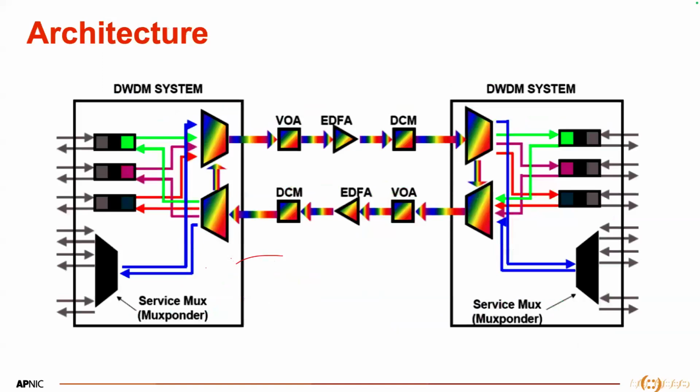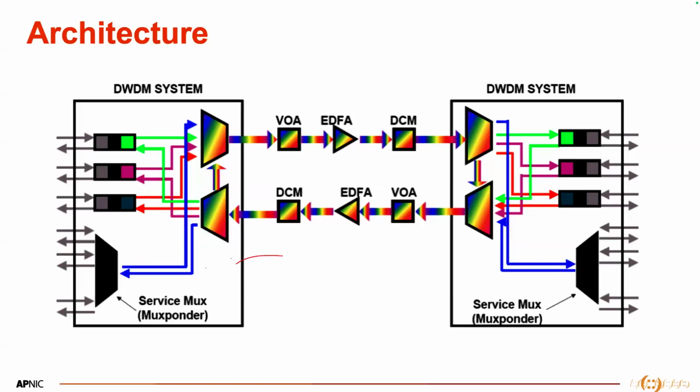As you can see, all these signals are being multiplexed and transmitted in the fiber, right? And at the receiving end, the demultiplexer receives the combined signal and does the demultiplexing, right? But there is one channel which is sent alongside this multiplexed signal.